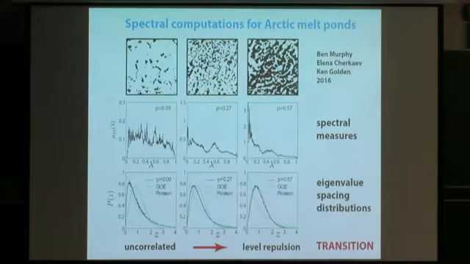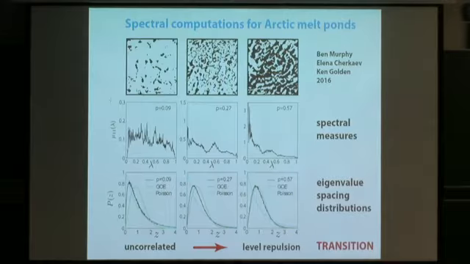What one sees is a general repulsive phenomenon, where eigenvalues start to repel each other. There's a mathematical correspondence where they literally behave like electrons on a line in an external potential, and they try to repel each other.